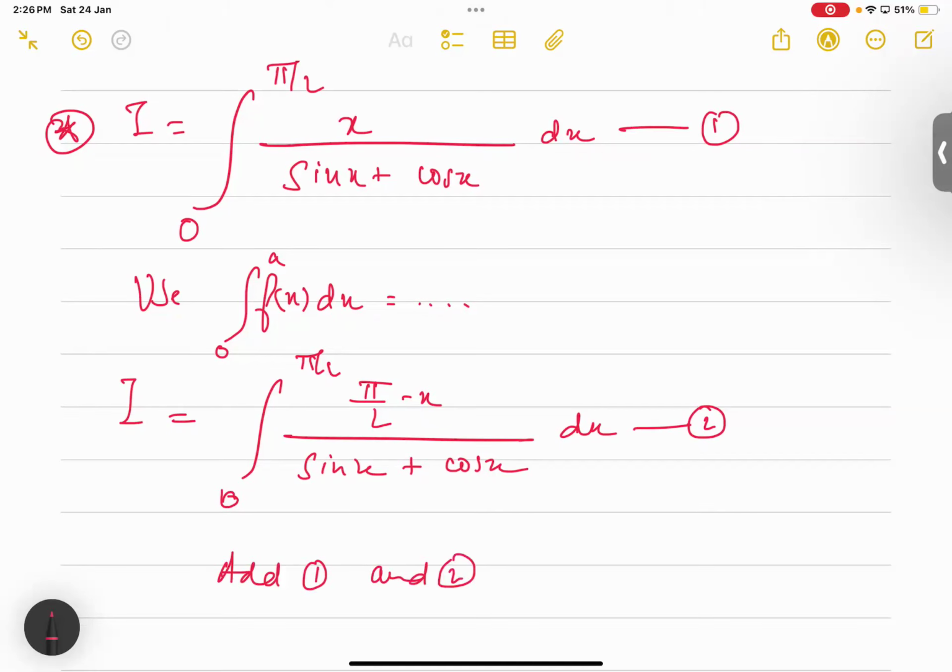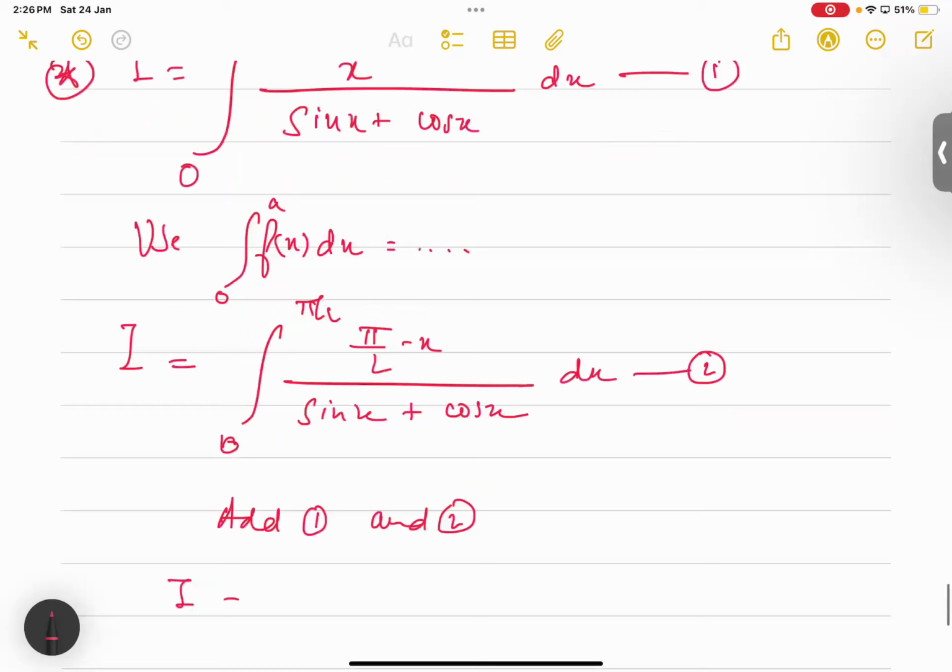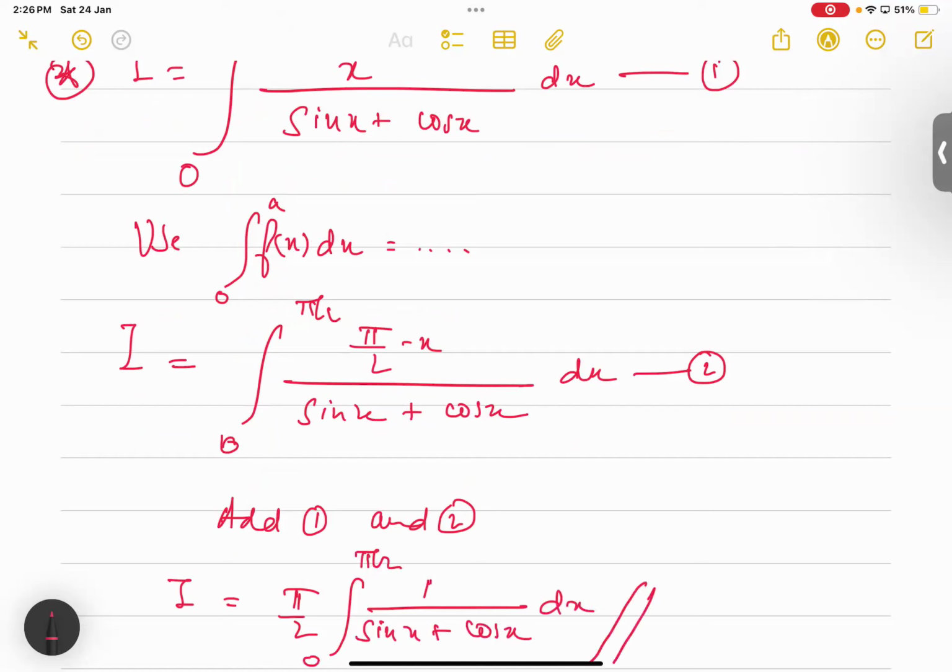So it will be something like this. Sometime back only we have done this case, so we are not resolving this. There are two methods over here. Put tan x by 2 equal to t, otherwise multiply and divide by root 2.